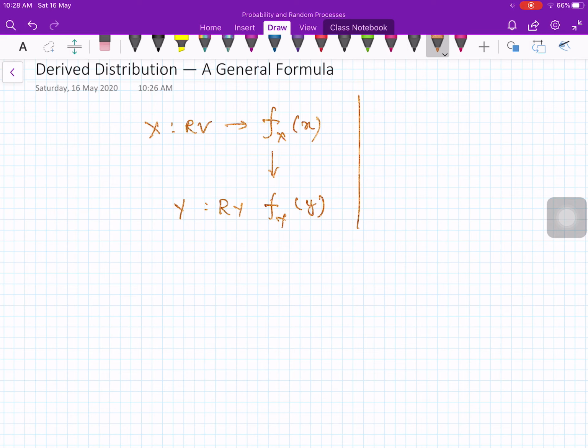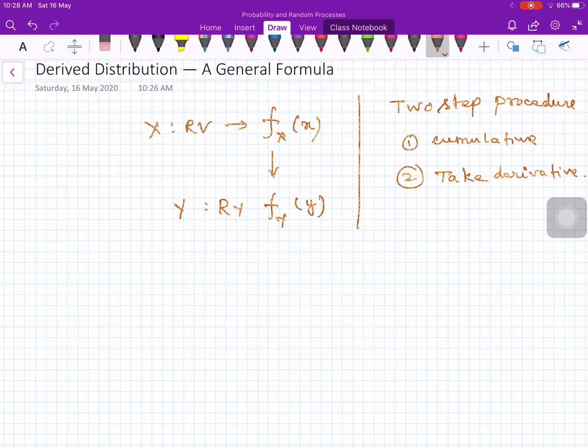In the last class I described the two-step procedure: first find the cumulative distribution function, and then take the derivative. Now, instead, I can directly get the density of random variable Y from the density of the random variable X.